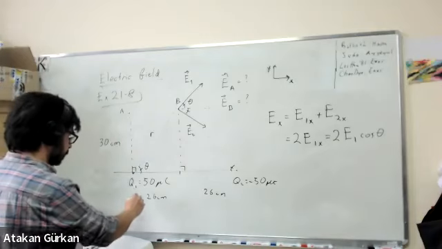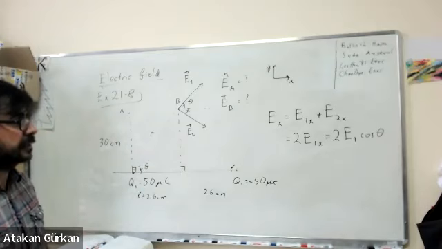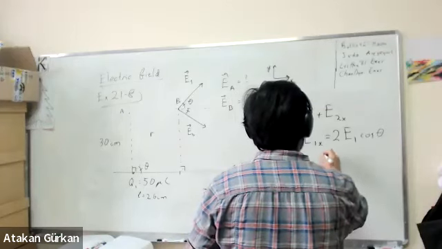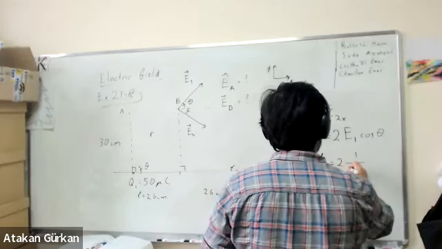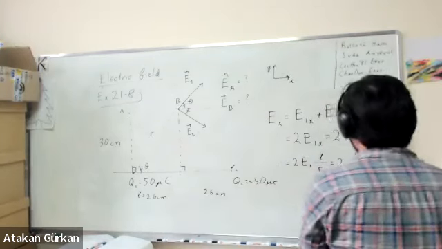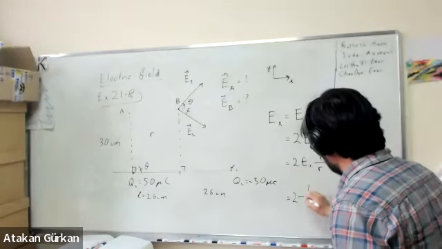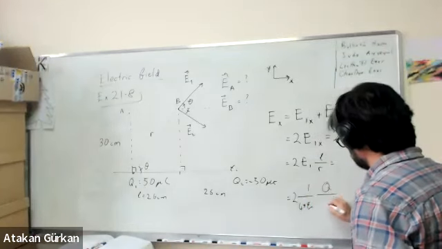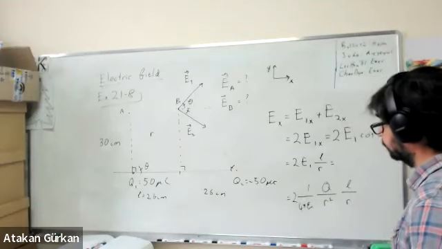Let's call this L, just for convenience. And this is going to be 2 E1 L over R. Now, what is E1? Well, that is 1 over 4 pi epsilon naught, Q1 divided by R squared. So this is 2 times 1 over 4 pi epsilon naught, Q1 divided by R squared, times L over R. Okay?